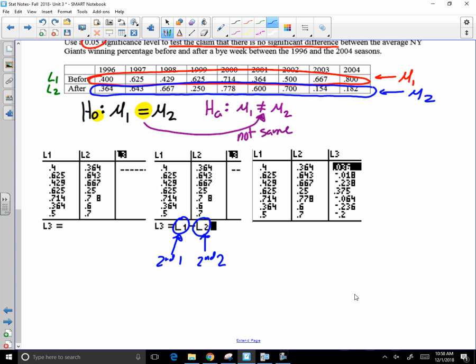Now, this is a flawed example, just like that Peyton Manning example was flawed, because can I draw a conclusion about the entire league just based on information related to a single team? No. Can I draw a conclusion about an entire set of quarterbacks based on information related to a single quarterback? No. And the reason why is because there's a lot of variation among the individual, not so much variation among the group.